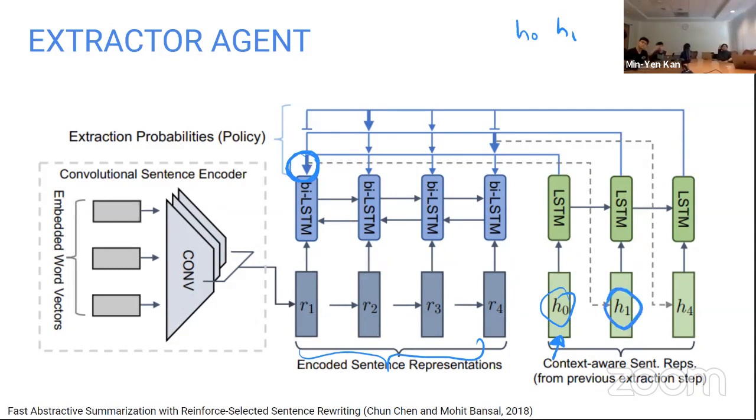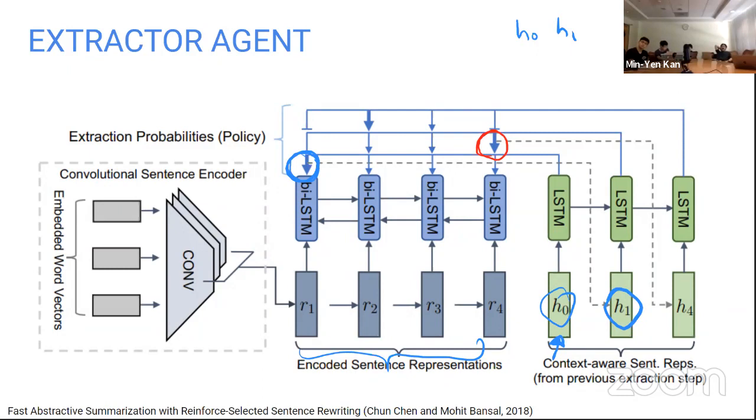I'm going to use H1's representation to attend to all of the blue sentences that I have available. So I only have R2, R3, or R4 to pick. Which one am I going to pick? From the attention, it looks like I'm going to pick R4.